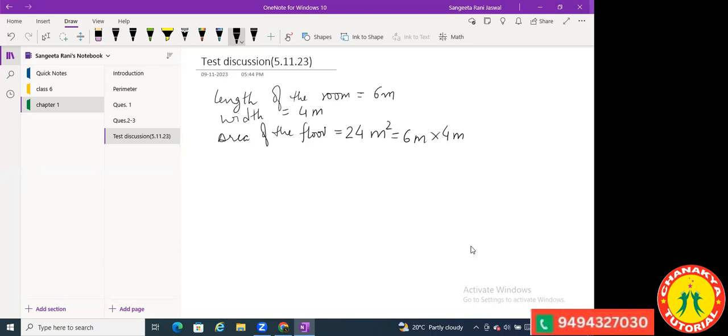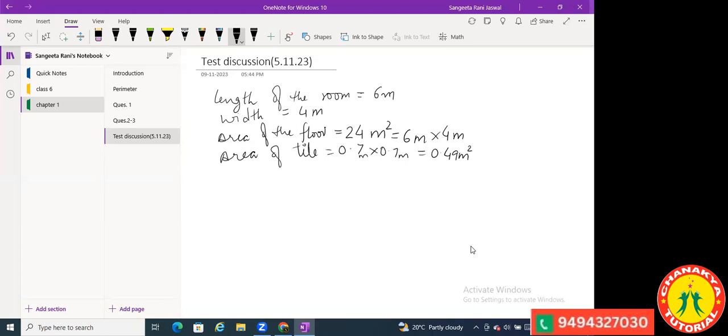Okay, now this is the area of the floor. And now, if each square tile is of 0.7 meter, now area of the tile will be what? Area of tile, 0.7 meter. Since it is a square tile, so 0.7 into 0.7 meter, again meter. Okay, so this will be 0.49 meter square.